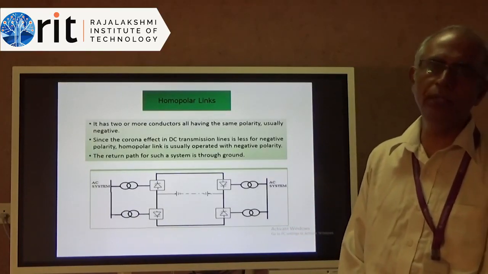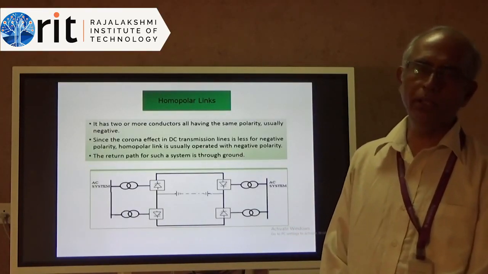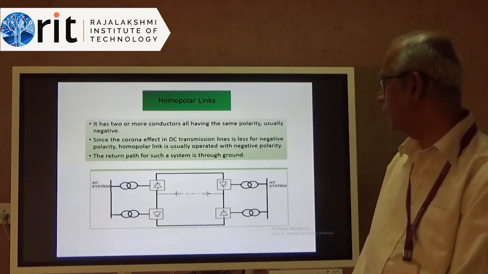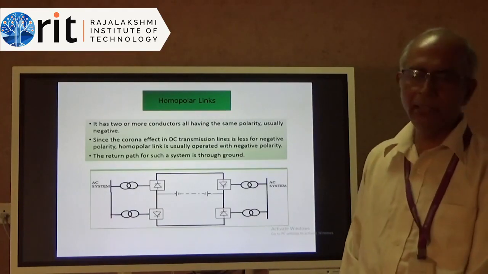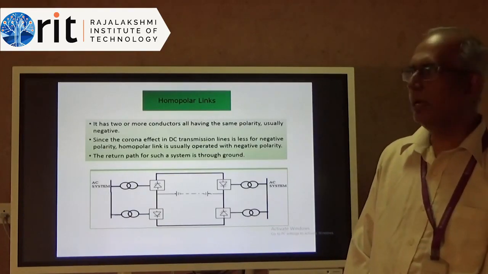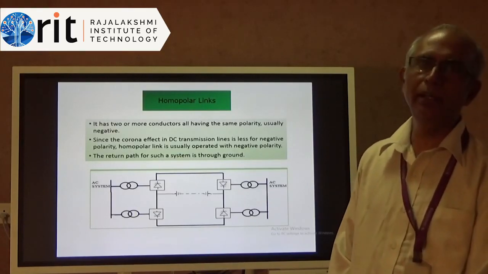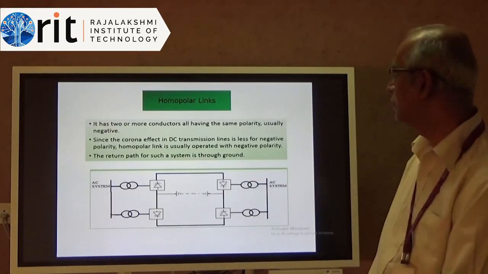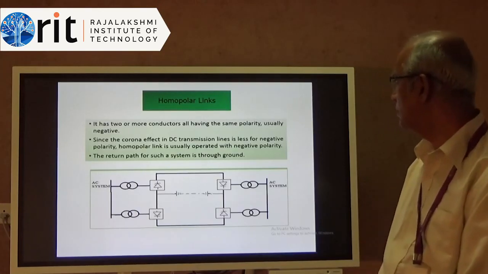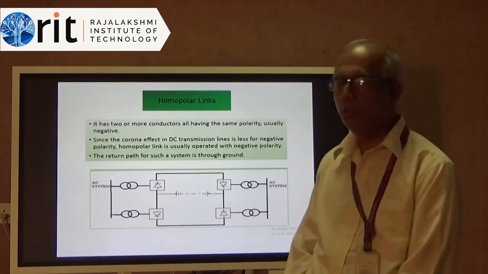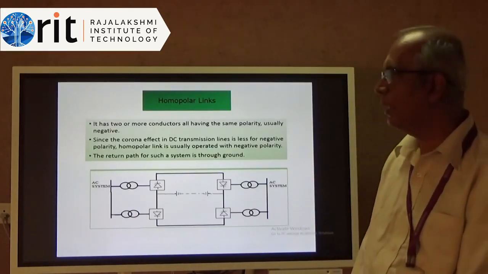It is not plus 250 kV. It is minus 250 kV on the top, minus 250 kV on the bottom, and we say there is an advantage. The corona is understood to be less for negative voltage. So, the corona effect in a DC transmission is less for negative polarity, so it makes sense to put the conductor at a negative voltage.